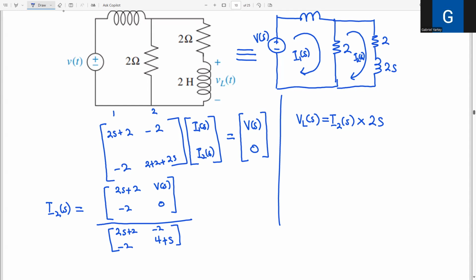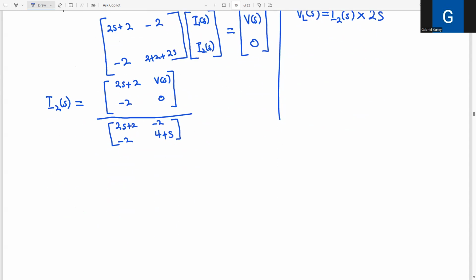And if I want to find I1 of S, I take this one always. Then I replace it, or I put it at the first column here.